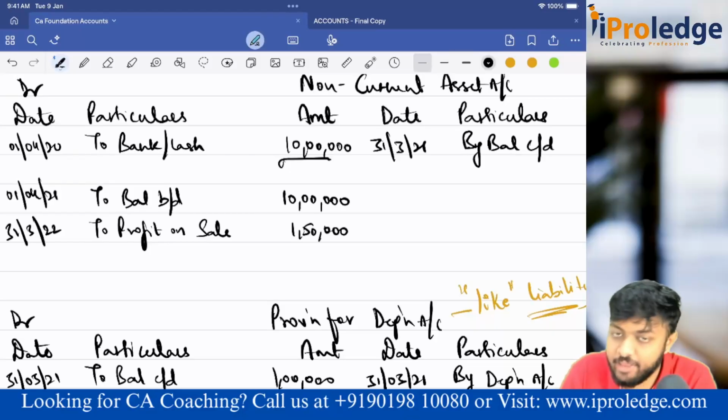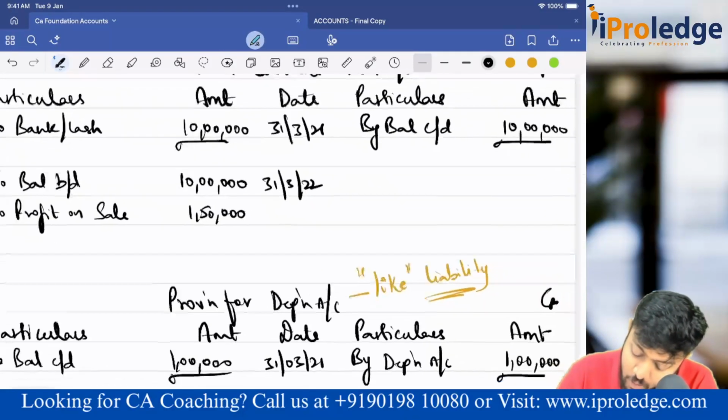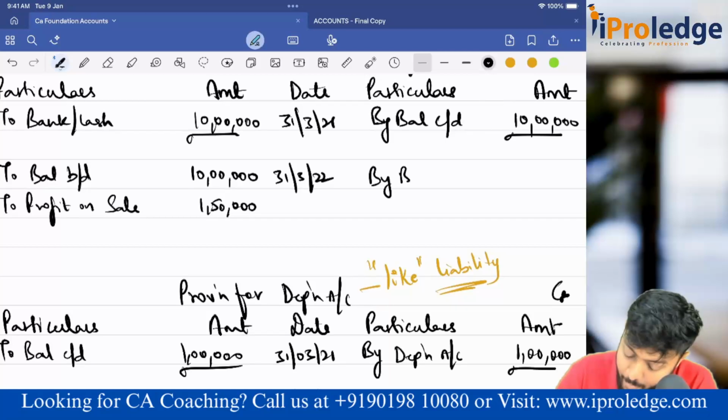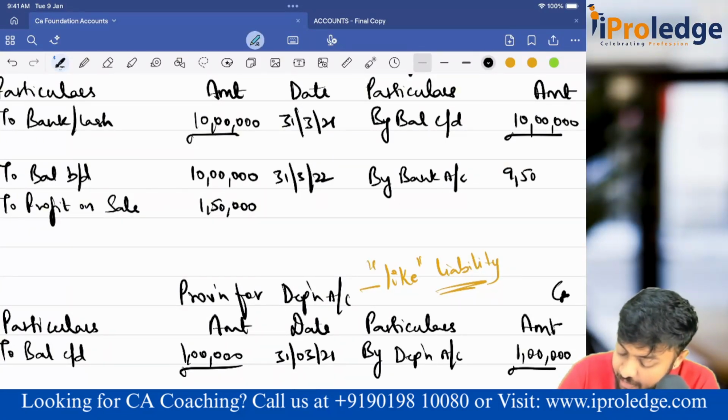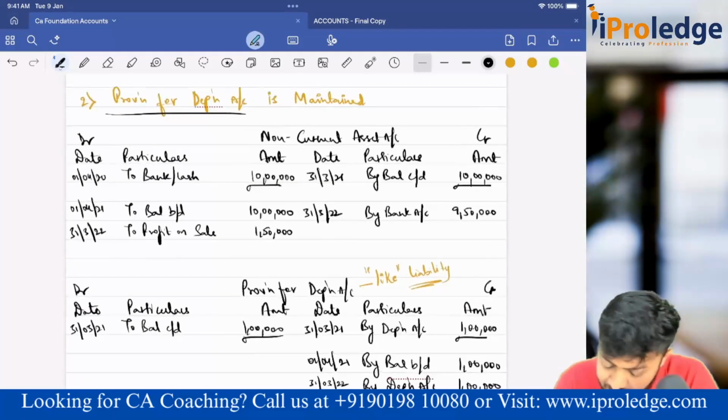Next, bank receipt comes on the credit side: 31/3/22, by bank account. I have received 9,50,000 towards sales. Everything is the same.